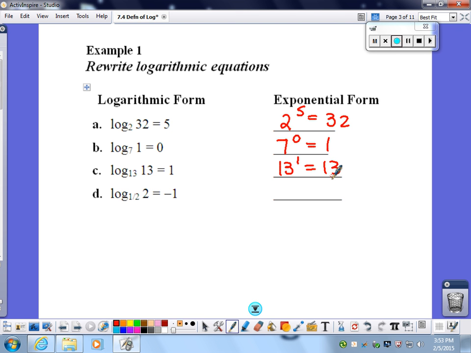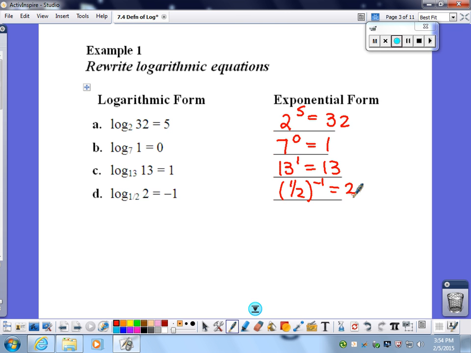All right, try the next one. The answer is 1/2 to the negative 1 is equal to 2. Remember, a negative exponent tells us to take the reciprocal. So that's going from logarithmic form to exponential form.